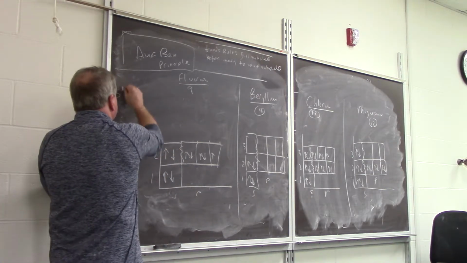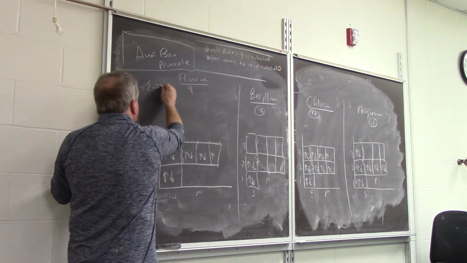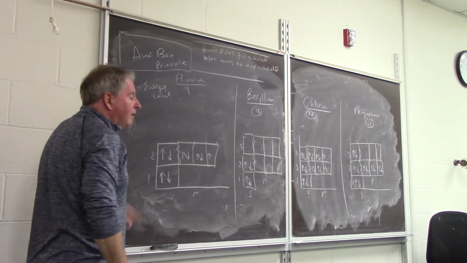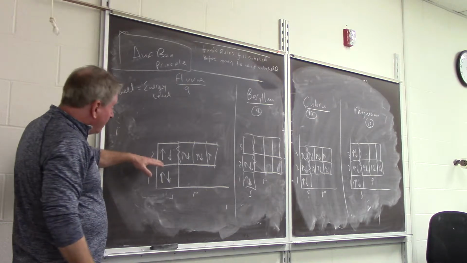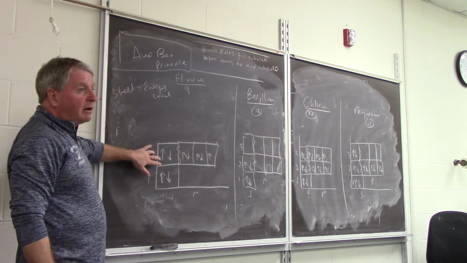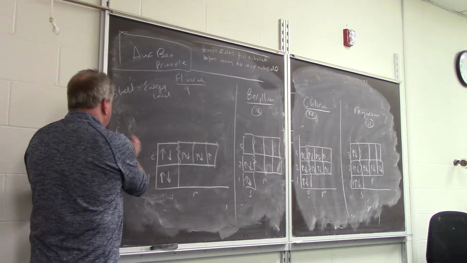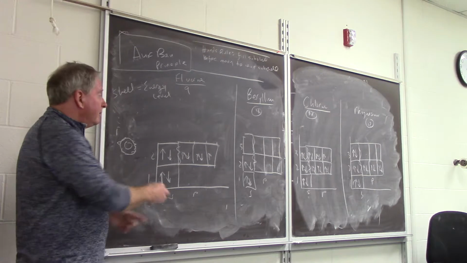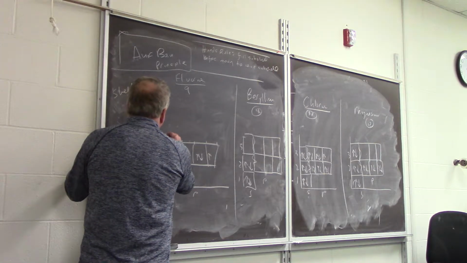I'm going to use the word shell, and that's going to be equal to energy level. This level right here interacts with the world. It's out here, so this is the outer shell.